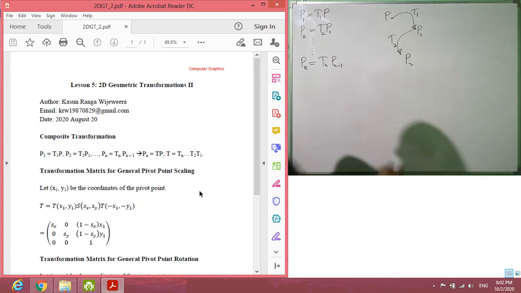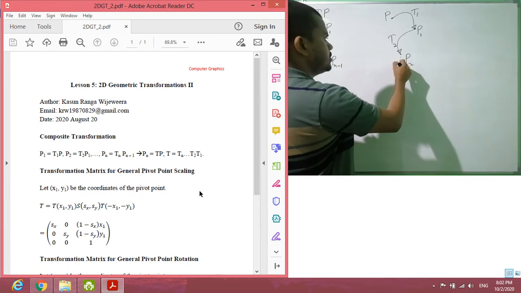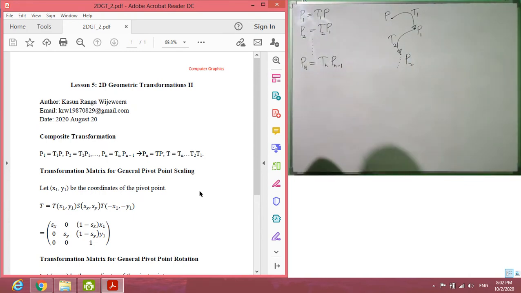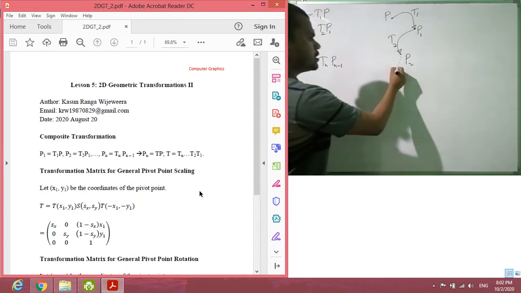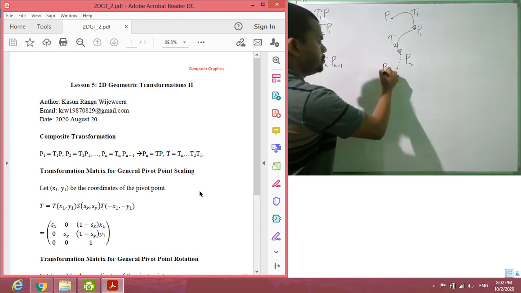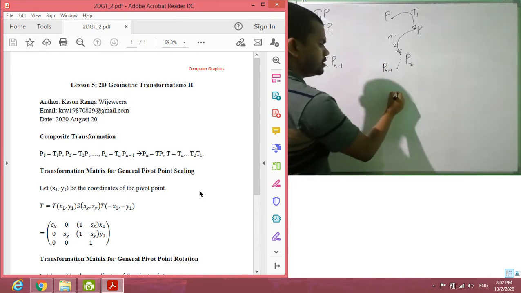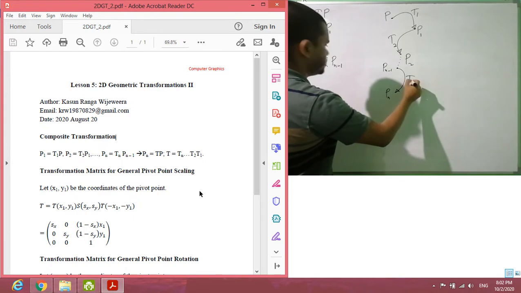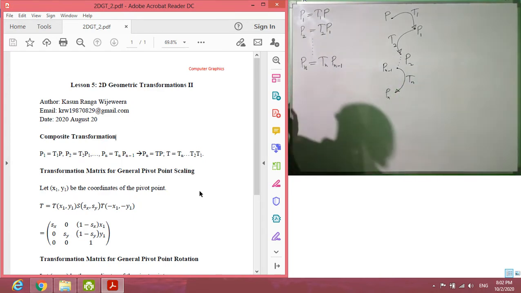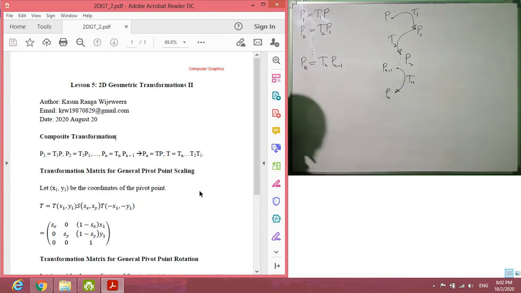In this way we apply these matrices and we get Pn minus 1, then we get Pn by applying the matrix Tn.